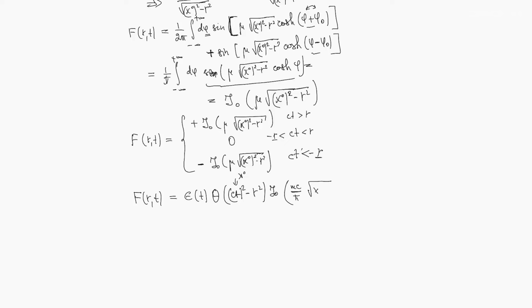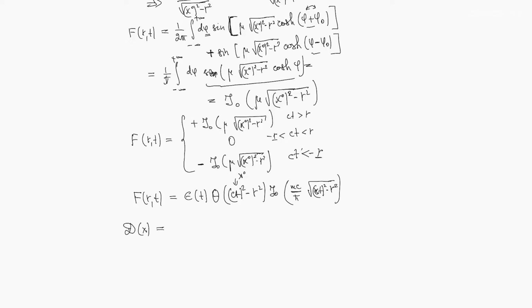Now, the final step consists in evaluating d on x, which is the derivative of this expression with respect to r, multiplied with 1 over r.